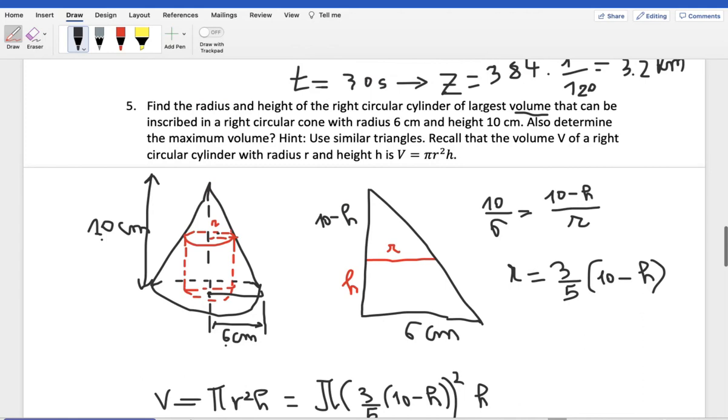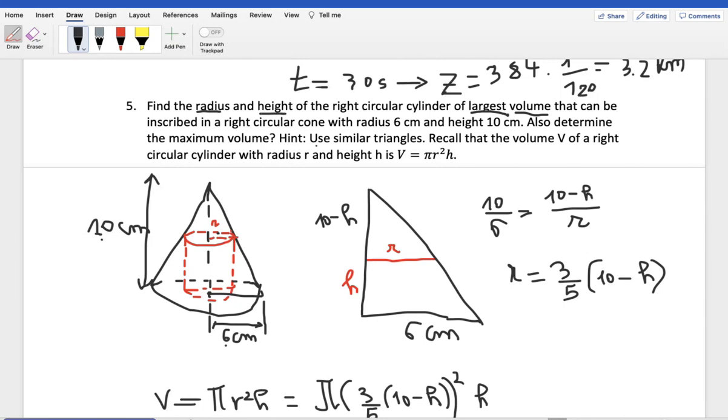And that's what the question is asking us to do, to find the largest volume of cylinder that can fit inside the cone. So we need to find what the radius and the height equivalent of that are.